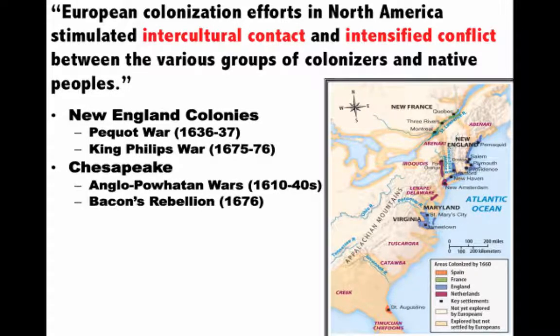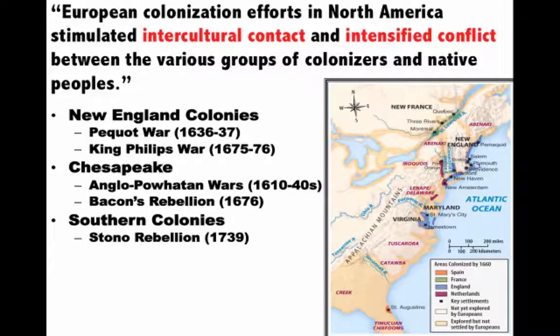You have Bacon's Rebellion, which is not as simple as colonizers versus native, but you have the backcountry frontiersmen led by Nathaniel Bacon, rebelling against the Tidewater elite, which ultimately leads to the growth of slavery in the colonies. In the southern colonies in 1739, you have the Stono Rebellion in South Carolina, where you have slaves rebelling, trying to get to Spanish Florida, and ultimately it is crushed and further restrictions are placed on slaves throughout the colonies.